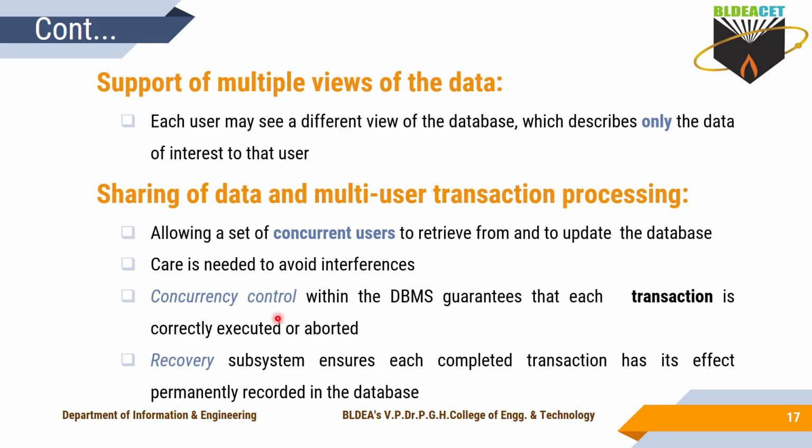Next one is concurrency control. Within a DBMS, it guarantees that each transaction is correctly executed or aborted. Concurrency control means, while making any transaction, if any failure occurs, then it controls that situation. That is what you call a transaction being correctly executed or aborted.